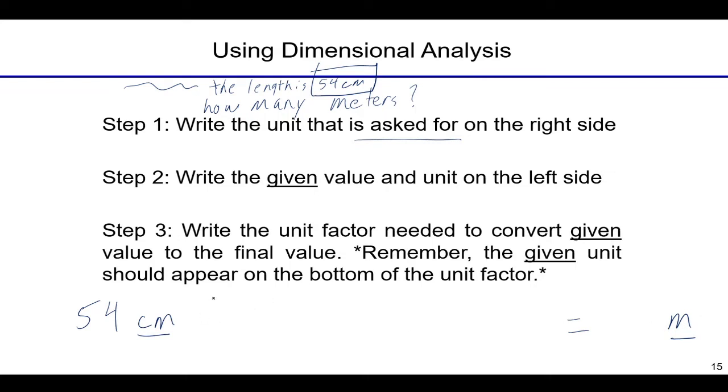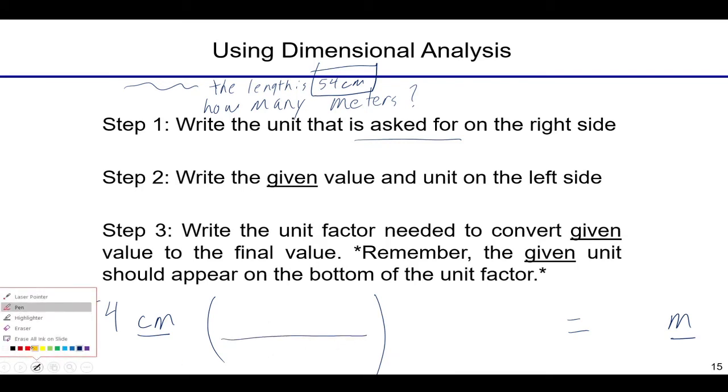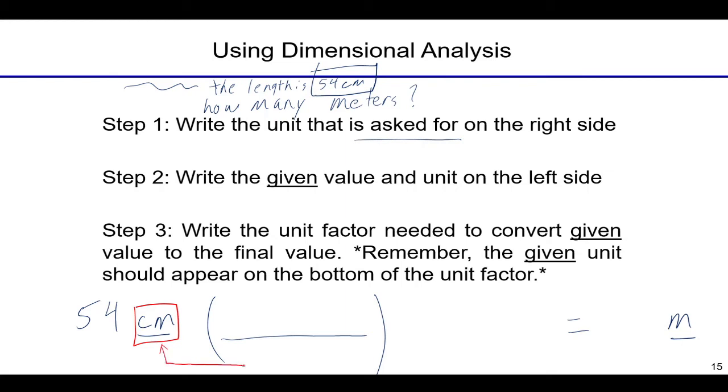Now we put in the unit factor. That's where this set of parentheses comes in, right? The given unit right here is always going to appear in the bottom of this first unit factor.